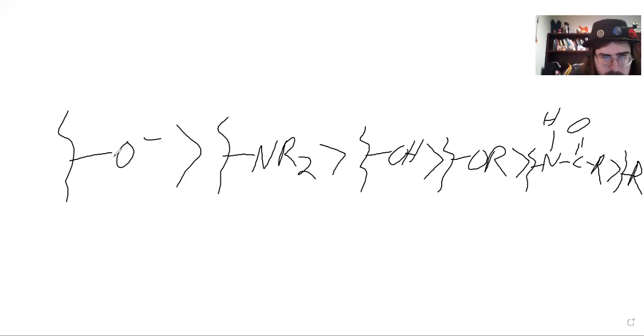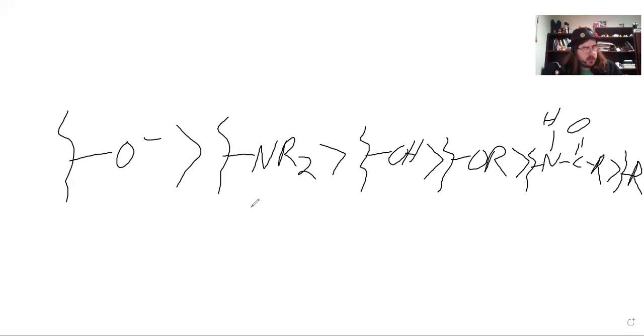So those are our classes. So O minus, the most negative character, most easily sharing the electrons. NR2. N is a lot easier to share the electrons than oxygen because it's less electronegative, better able to hold a positive. And of course, if it has any R groups, that stabilizes it.